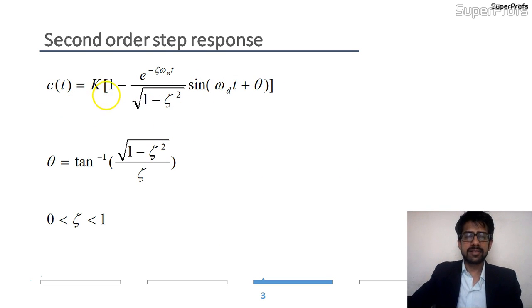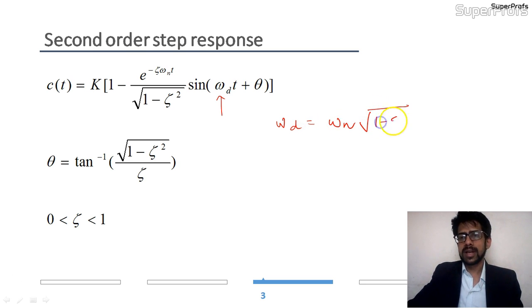C of t is equal to k into 1 minus e raised to minus zeta omega n t divided by root of 1 minus zeta square, sine of omega d t plus theta. Here is a new term, omega d. Omega d is defined as omega n into root of 1 minus zeta square.